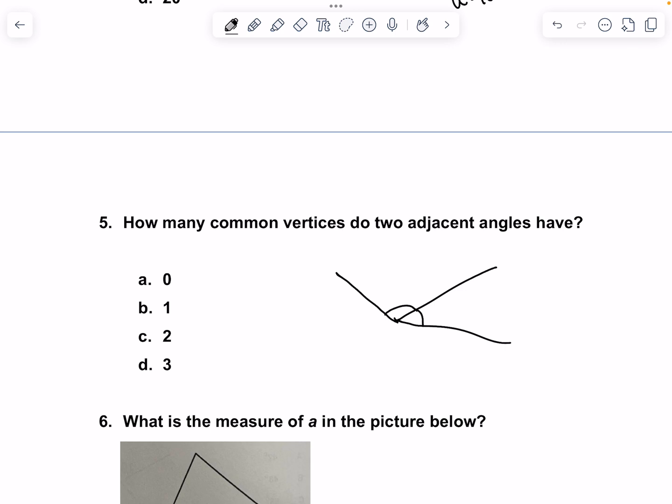So this would be one adjacent angle, and then 2. So the vertex would be right here, which would be like the stem, you could think of it. So two adjacent angles share one vertex because it's right in the middle and it goes to both. The answer would be B, 1.